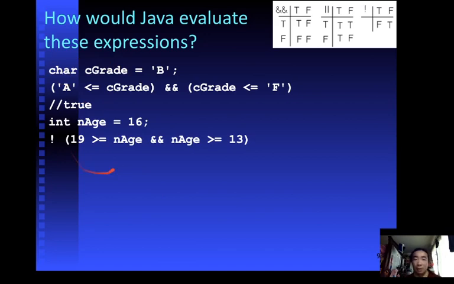So the second one, though, is something you can walk yourself through. All right, int n is 16. What would be evaluated in this expression? Very good. Yes, very good on the student that said not true.